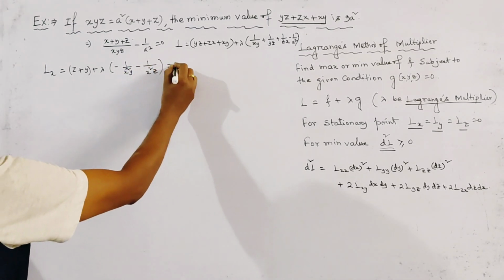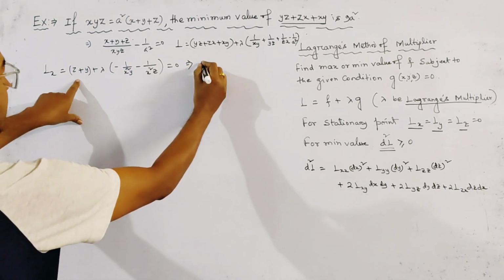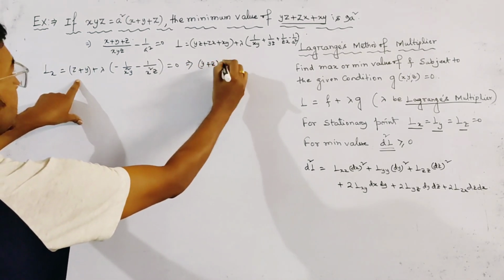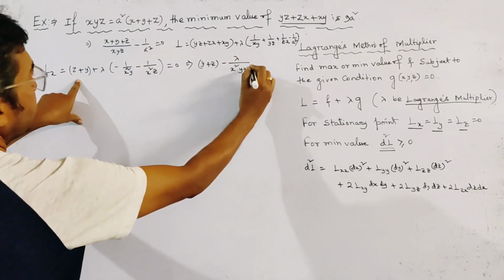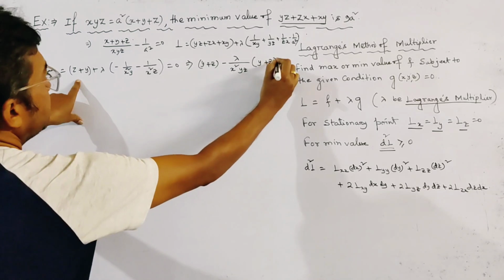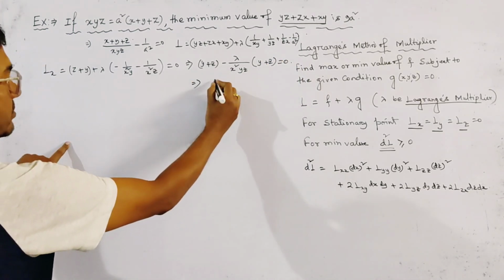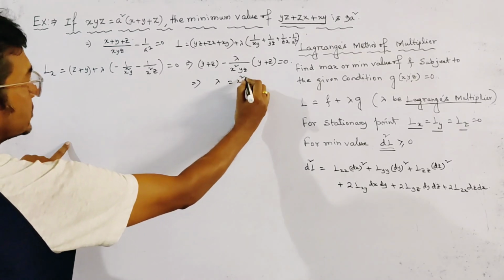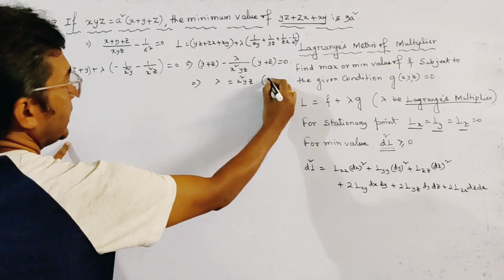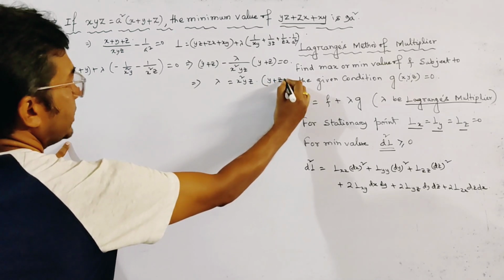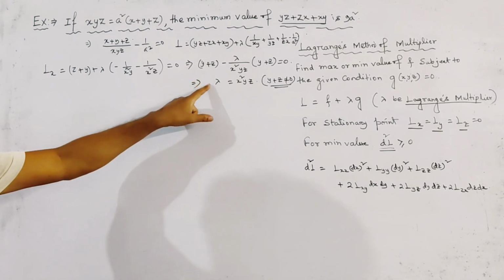This gives y plus z minus lambda by x square yz into (y plus z) equals 0. This gives lambda equals x square yz, because if we take y plus z equal to 0, we cannot find the value of the Lagrange multiplier lambda.